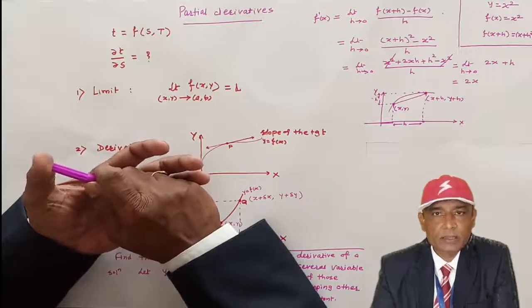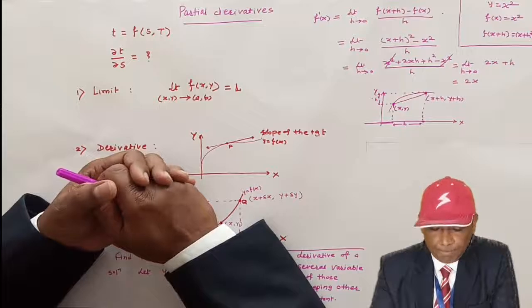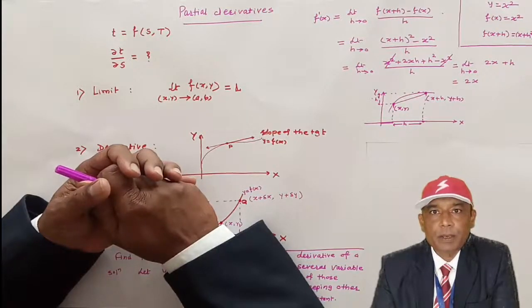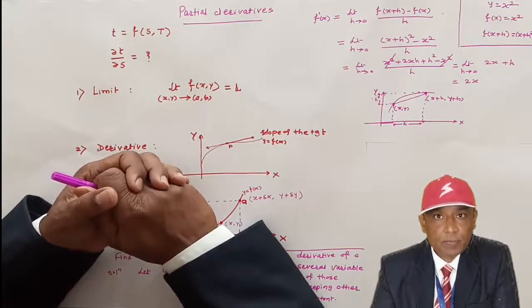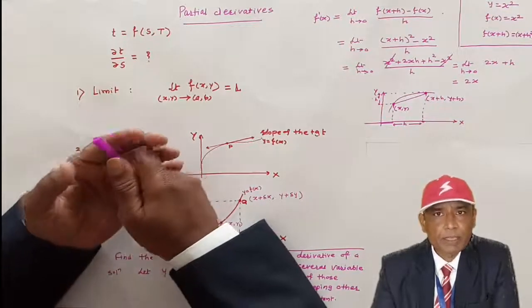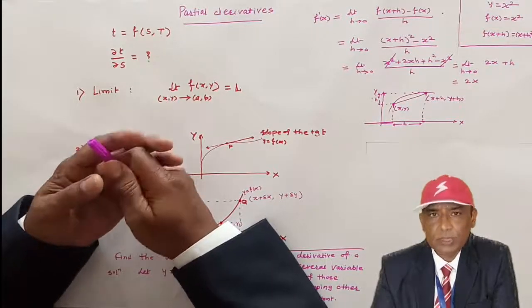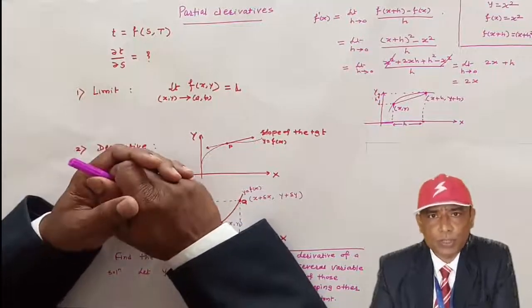In computer and information technology the partial derivative is used while calculating the rate of downloading data, in electrical engineering, in electronics engineering. This is used in each and every program of engineering, almost all the programs of engineering.